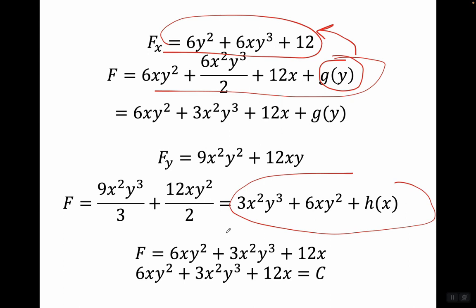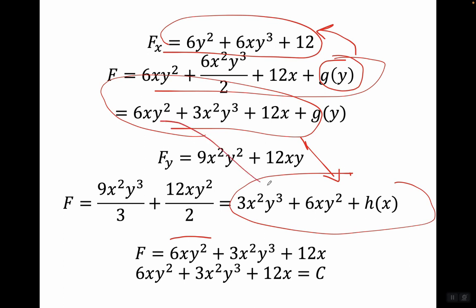Okay, so notice, wow, when we compare these two, they seem to be almost the same. We got the 6xy^2, we got the 3x^2y^3. This one has a 12x and this one doesn't, but that's okay because this function of x must be 12x.